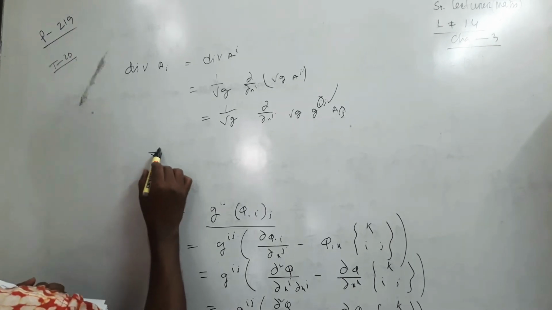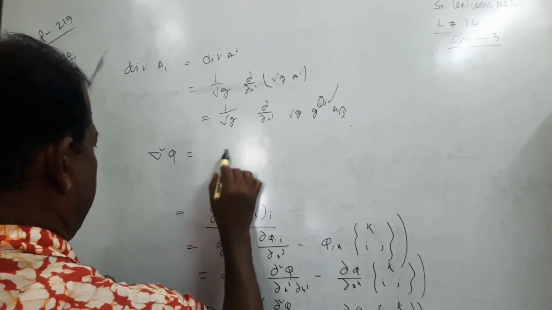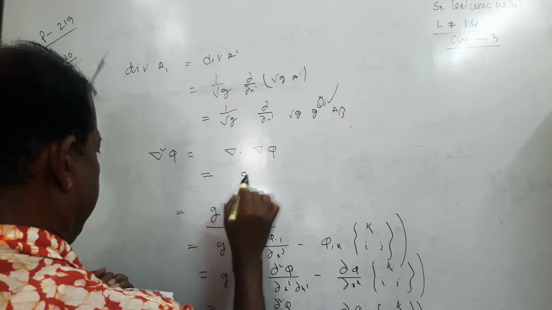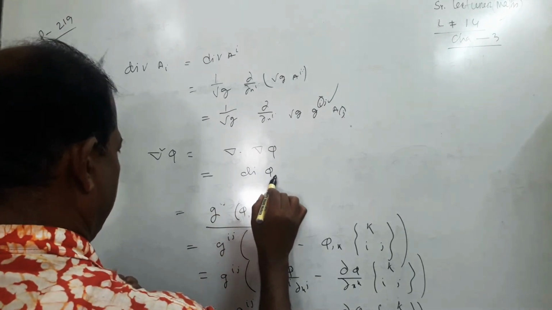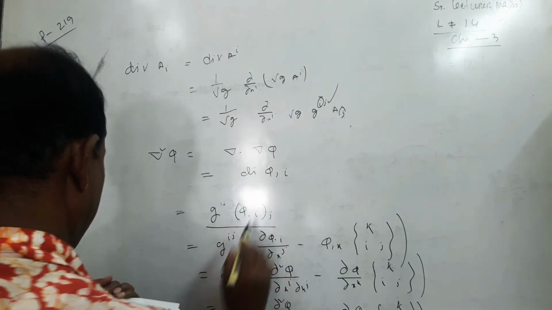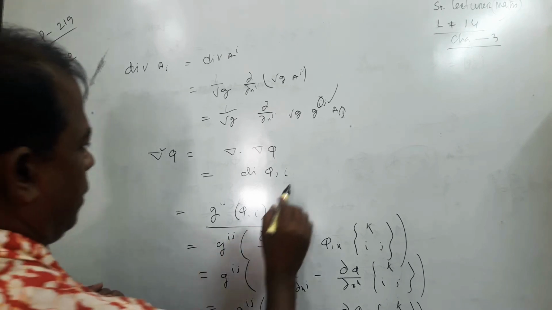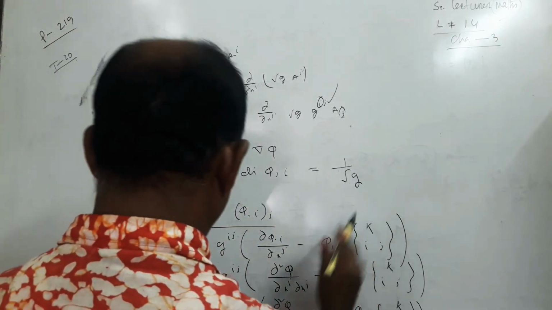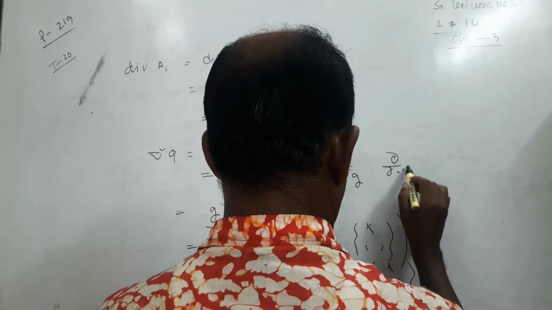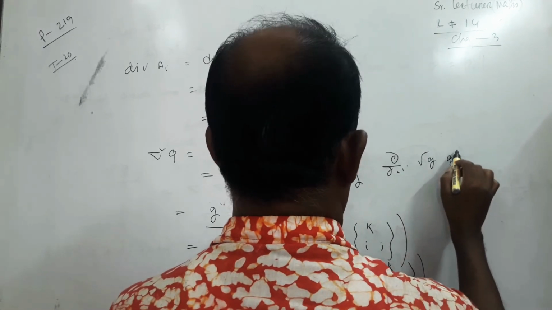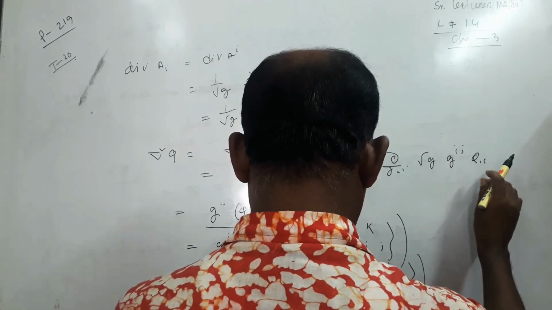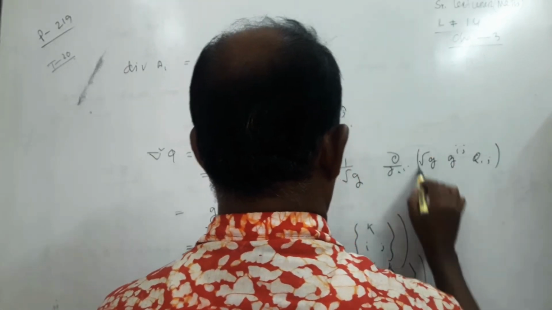Okay, and del square phi equal to del of del phi, that's equal to the divergence of phi comma i. It's also 1 by root g into del divided by del x^i into root g g^{ij} phi comma j. Okay, clear my point?